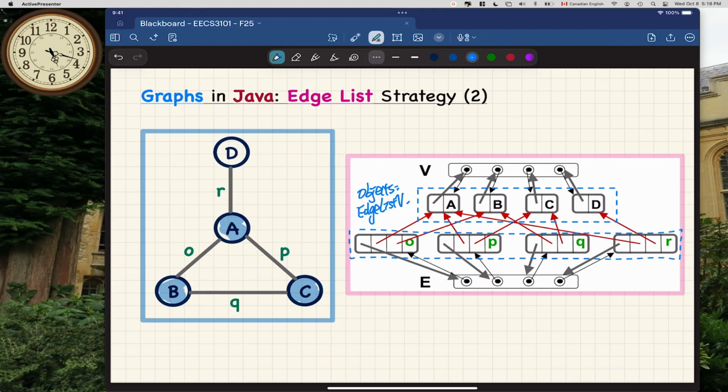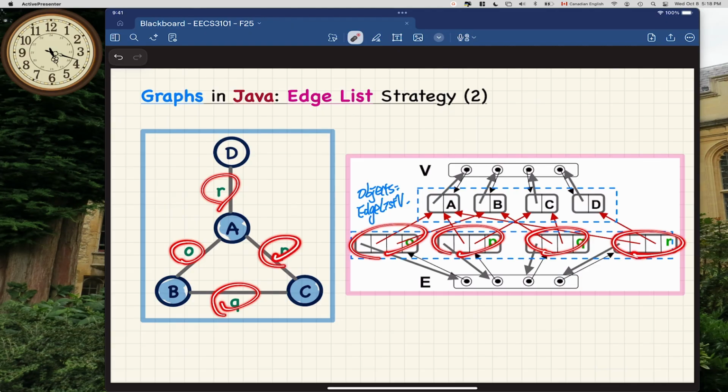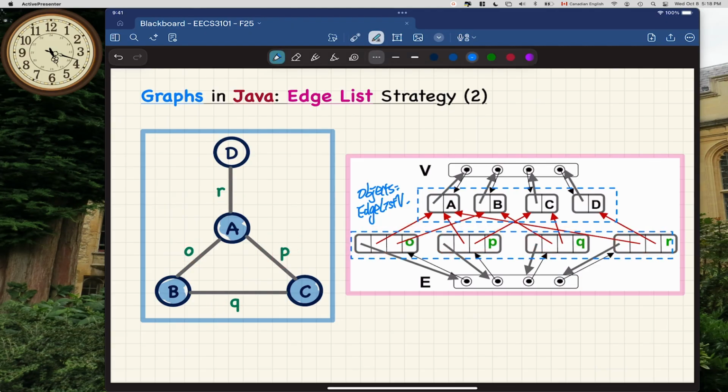These 4. Okay, think about we have 1, 2, 3, 4. They correspond to the 4 edges. Okay, so these are the objects of type edge list edge. Okay, we got individual objects first. And then the next two are the attributes for the edge list graph.